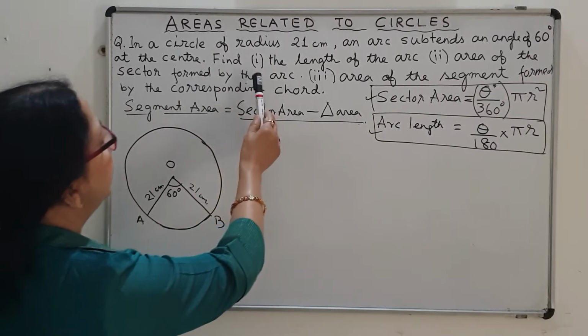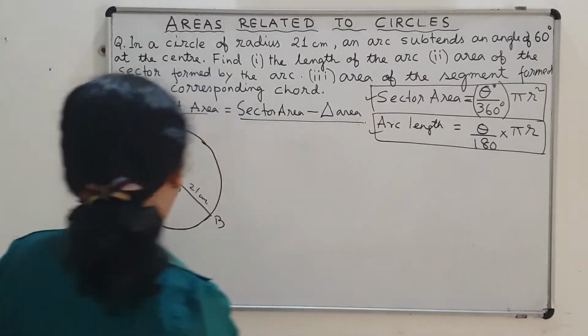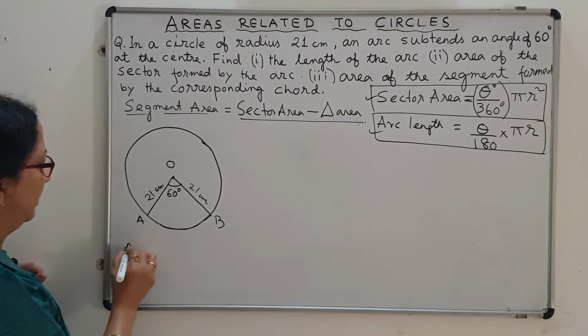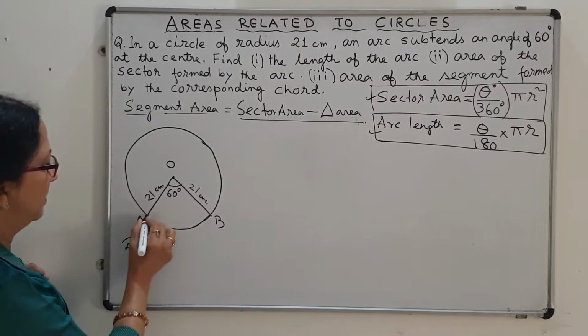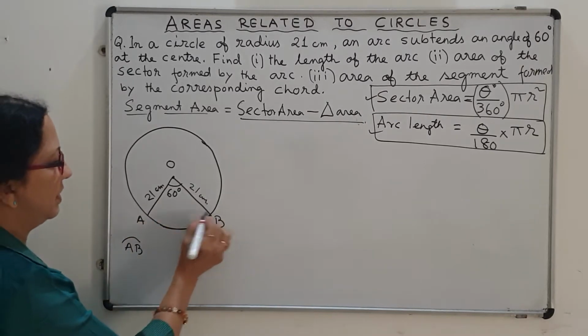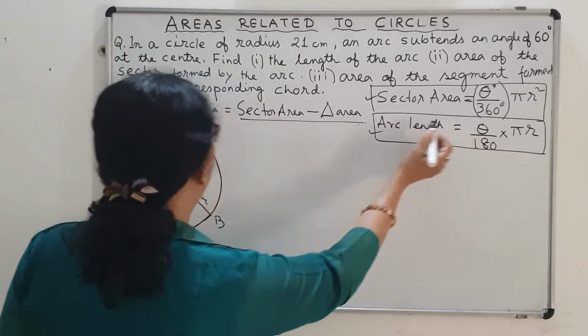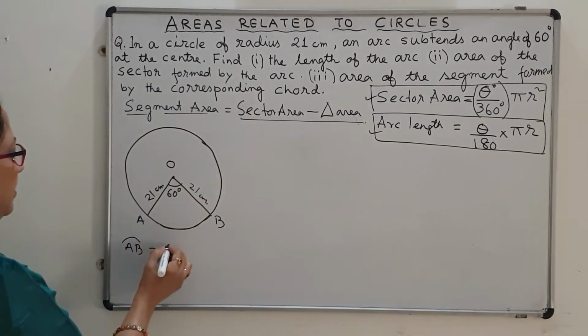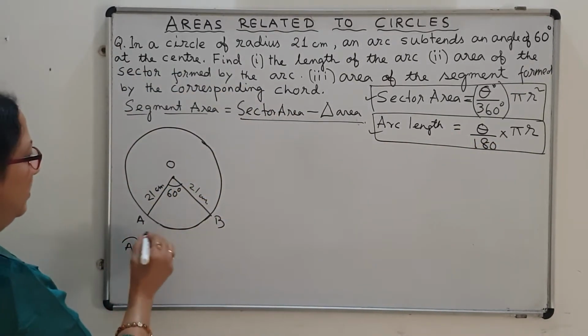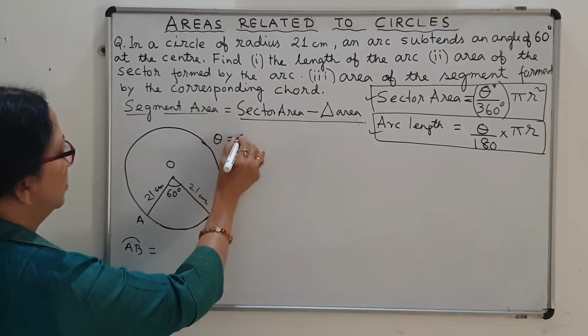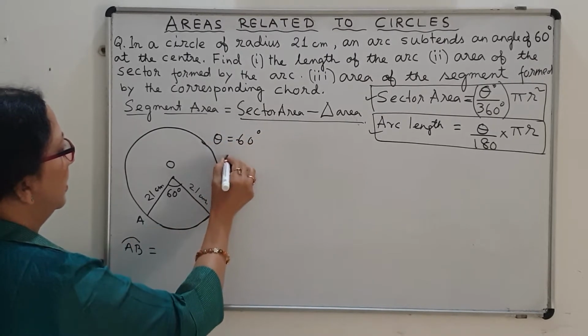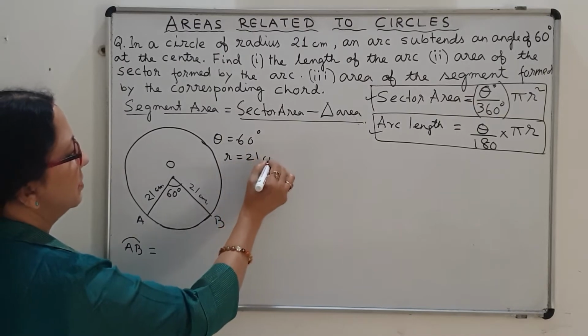Now what do I have to find? First part, the length of the arc. So that means you have to find this length. When I put arc, you know, this is the length you have to find. So I'll be finding this length by this formula. So what is theta? This is your theta. Theta is 60 degree and r is equal to 21 centimeter in this figure.